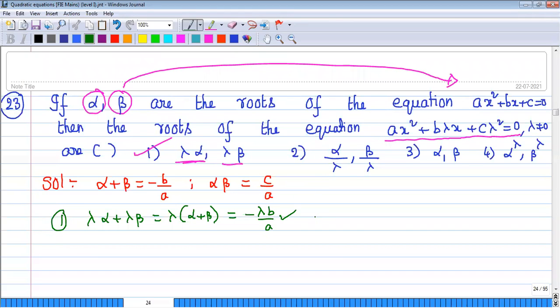Yes, this satisfies. Now check the product: lambda alpha into lambda beta is lambda square alpha beta. Alpha beta is c by a, so lambda square c upon a. So that's why these two are the roots of this equation.